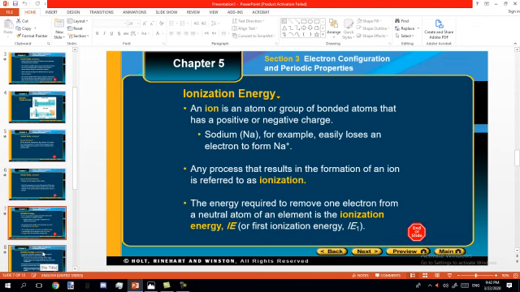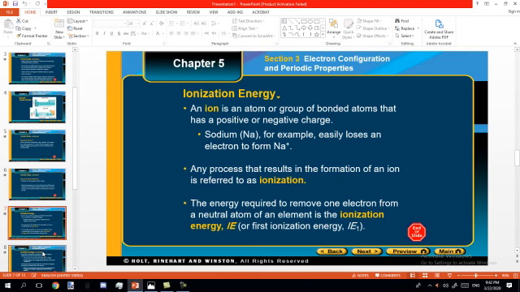Now I want you to think, if you have a metal and you lose one electron, the attraction force of the nucleus will be larger and larger for the rest of the electrons. So to remove another one, you will need more energy.